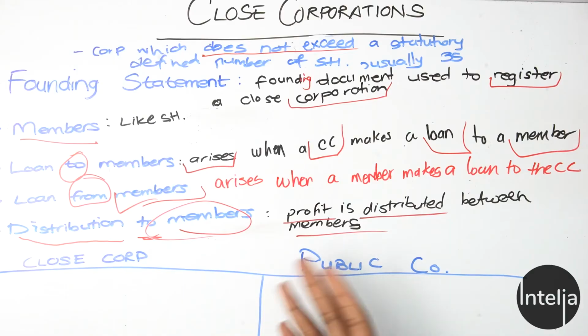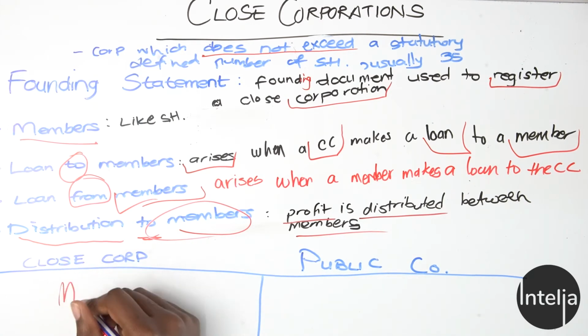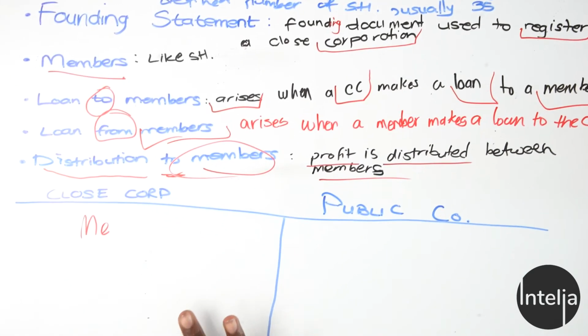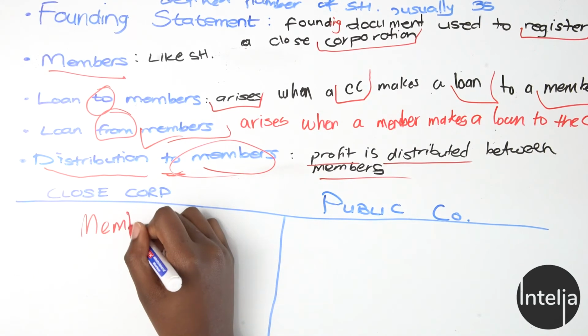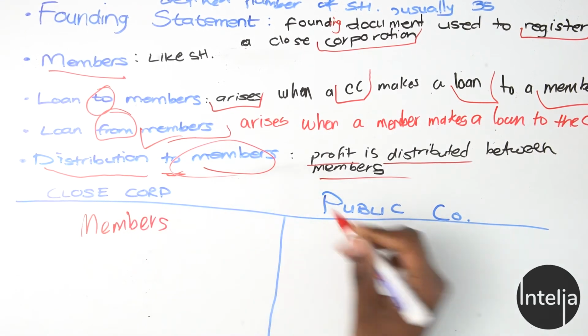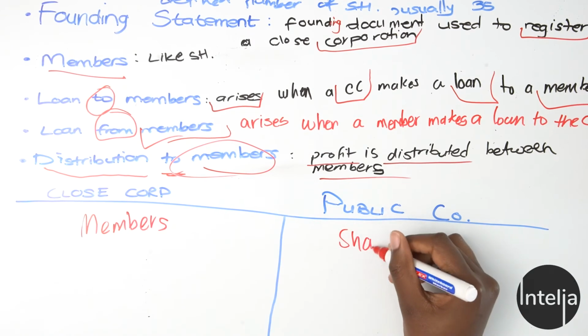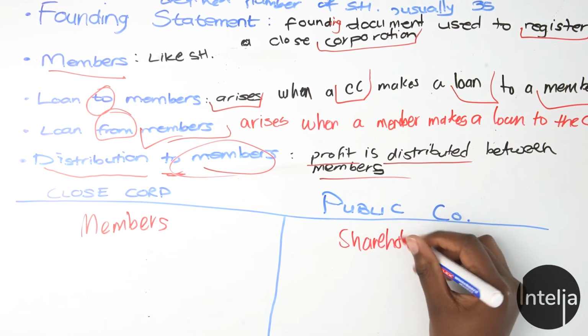I feel like the very basics are what we've spoken about above in terms of terminology. Let's just go through what we've seen from above. Here we have members, here we have shareholders.